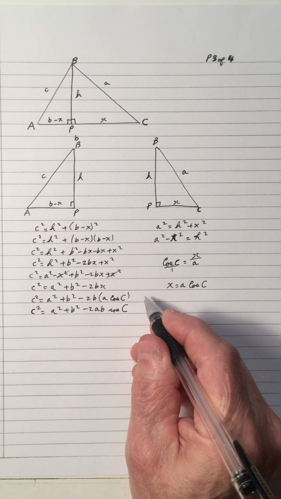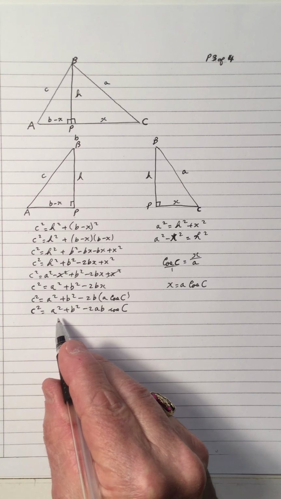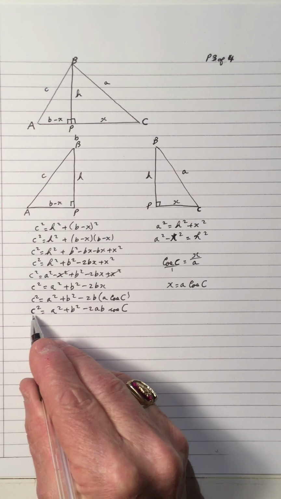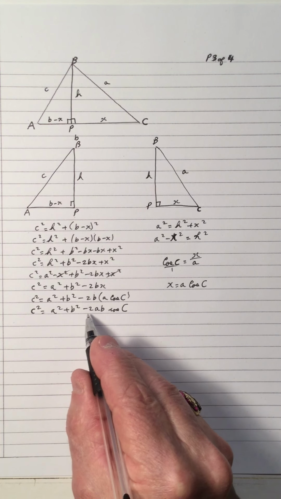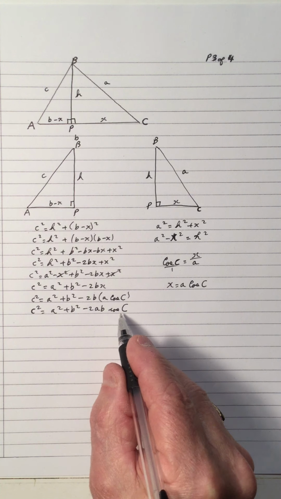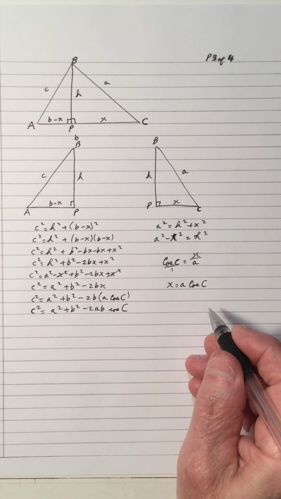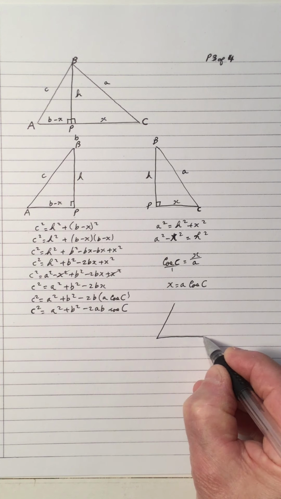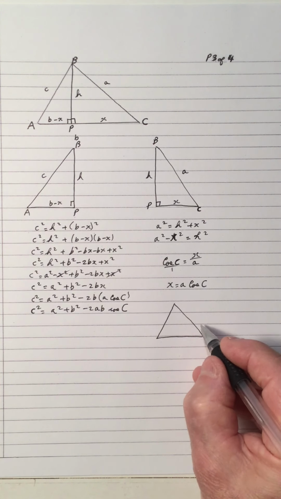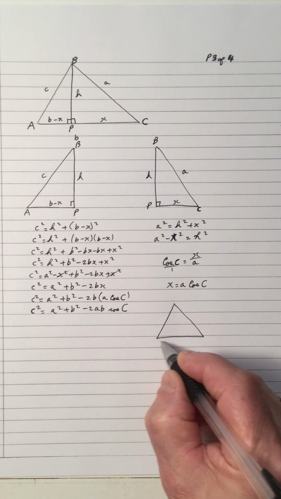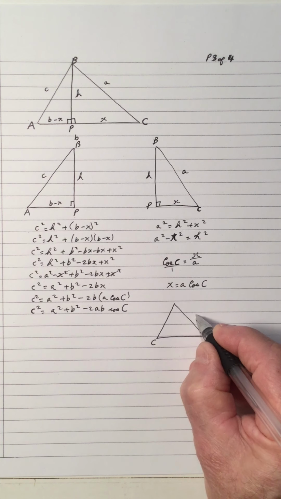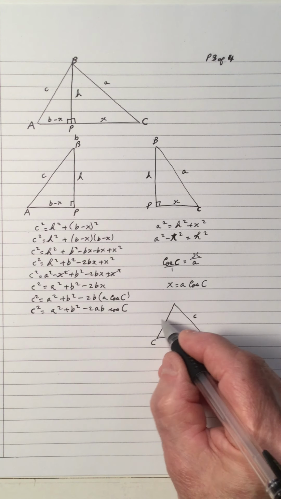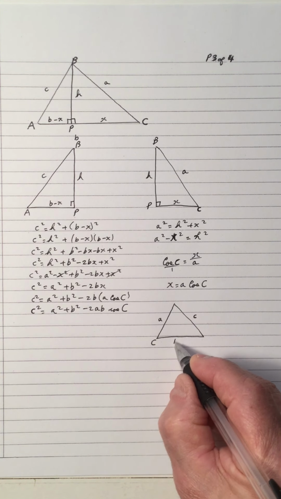So what we have is c squared equals a squared plus b squared minus 2ab cos C. When you're solving a triangle, I look for the angle C and the small c, and the other two sides are a and b.